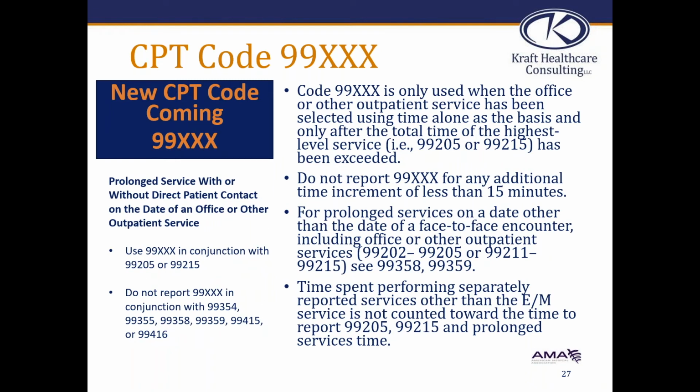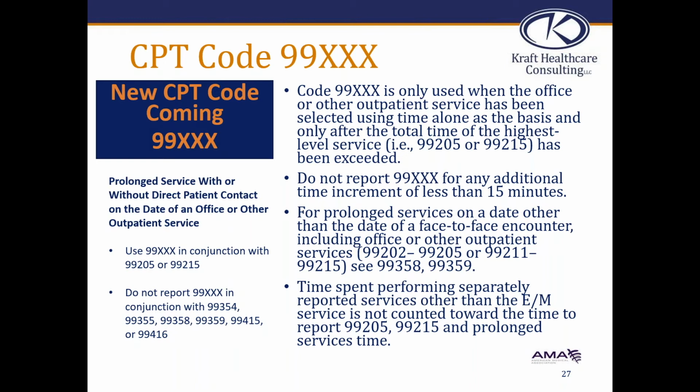The new CPT code coming, 99XXX, is a prolonged service code with or without direct patient contact on the date of an office or other outpatient service. Again, it's going to be with 205 or 215. You can't report it with 354, 355, 358, 359, 415, or 416.